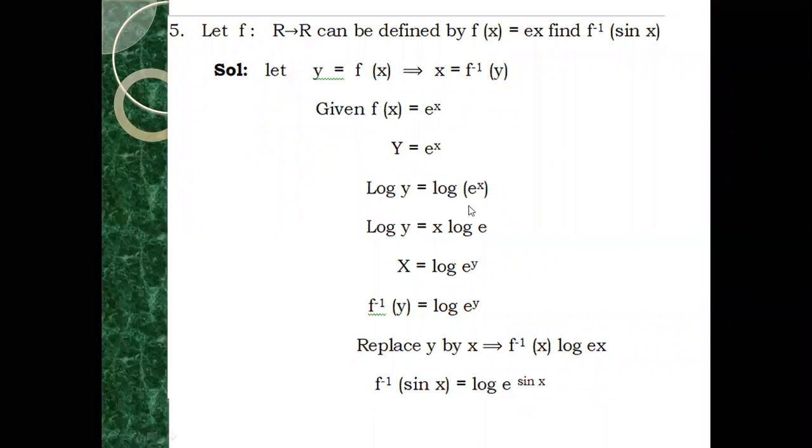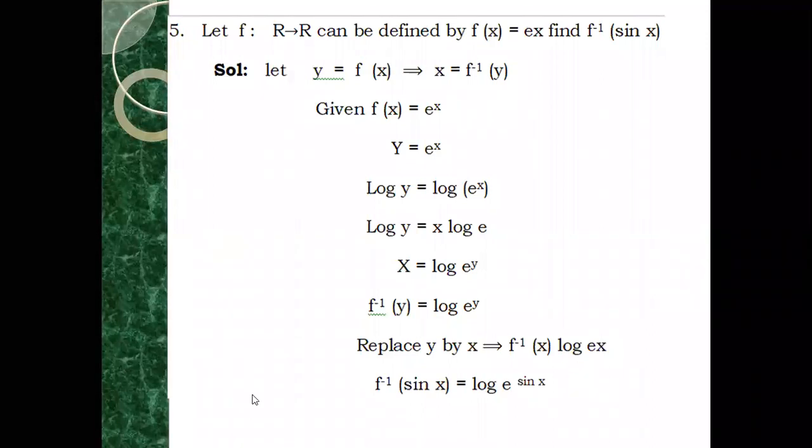So we applied log on both sides. Log y is equal to x log e, so x is equal to log y by change of base formula.